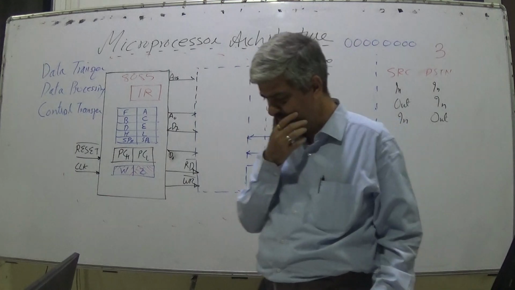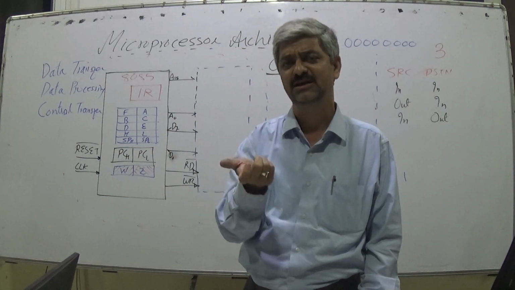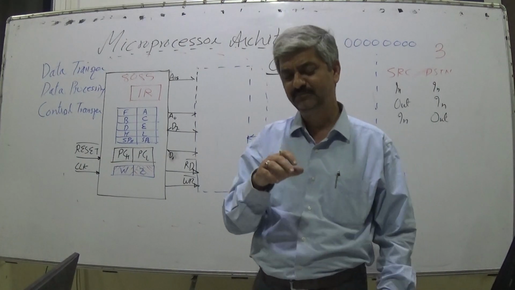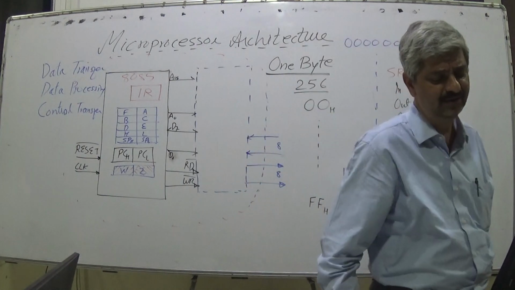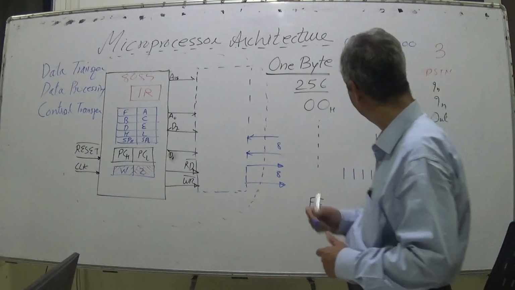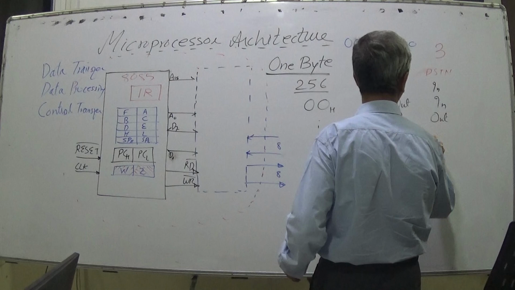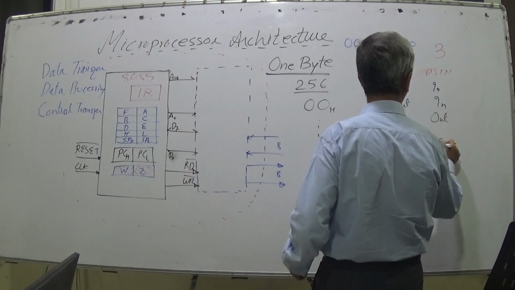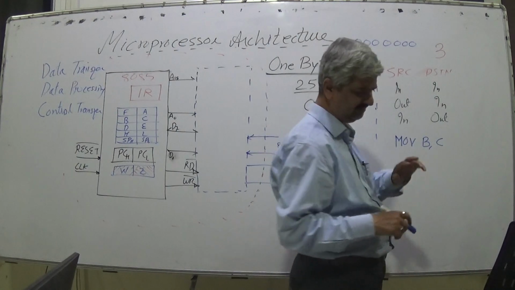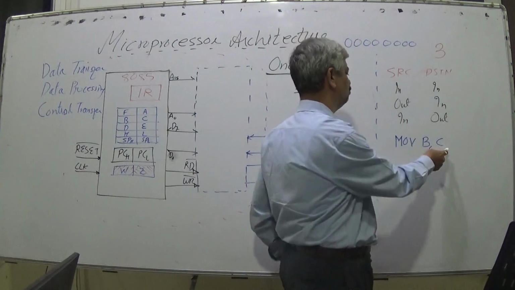For an internal data transfer instruction from register to register, I will call it, for example, move B comma C. There is a convention: this is the destination and this is the source.